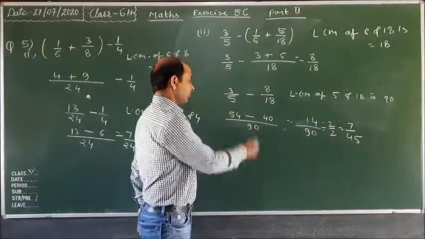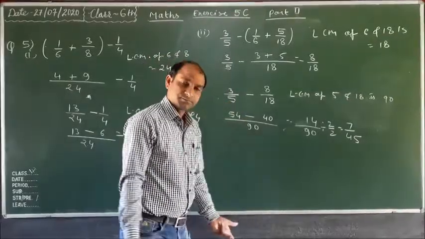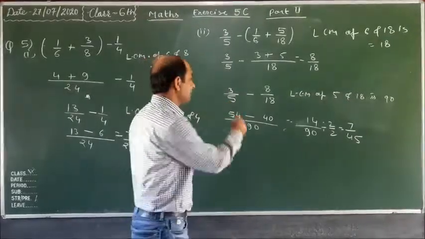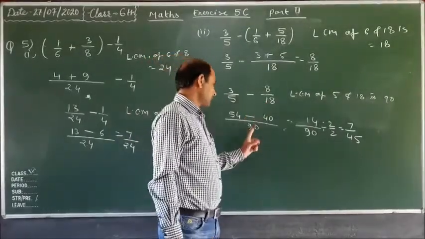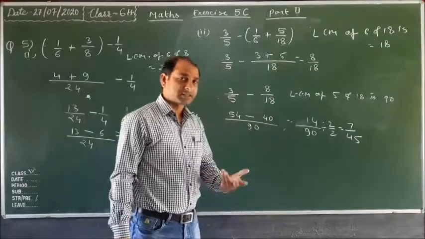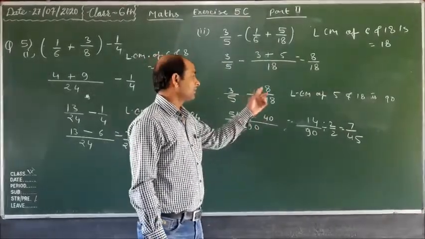Now 90 divided by 5 equals 18, and 18 multiplied by 3 equals 54. Then 90 divided by 18 equals 5.